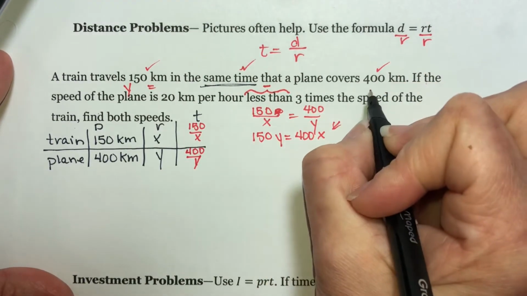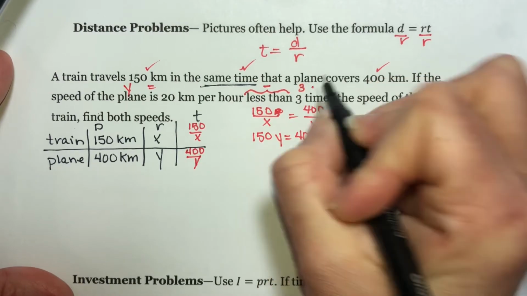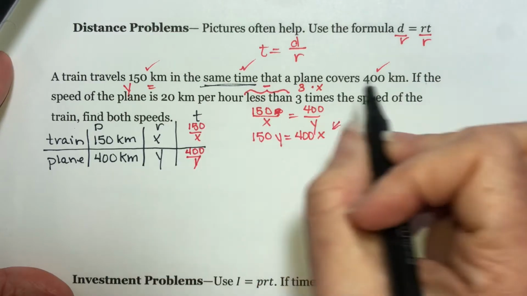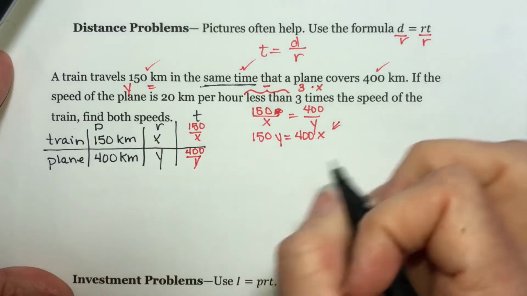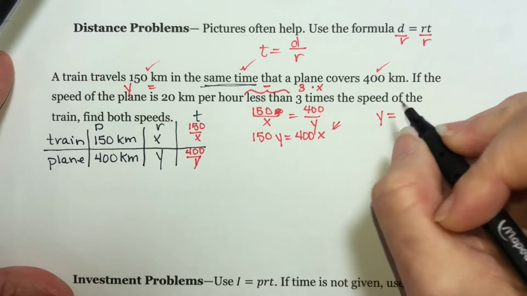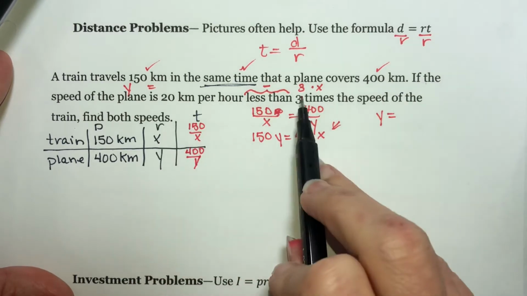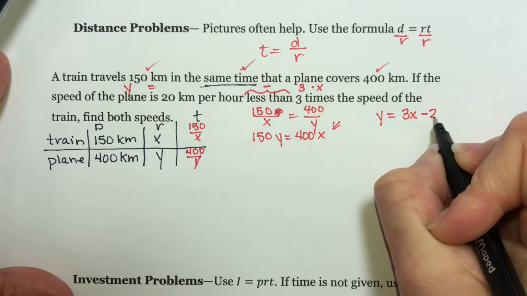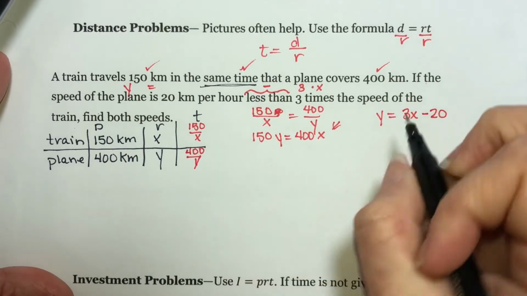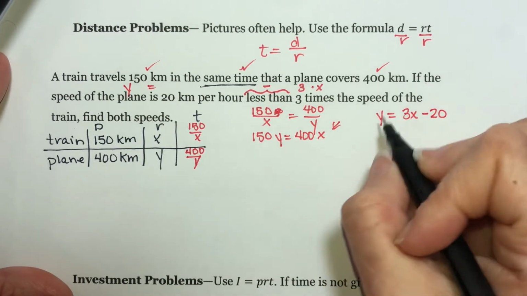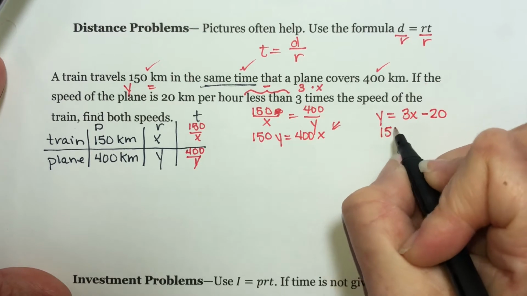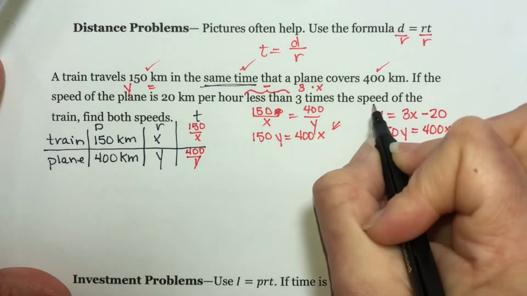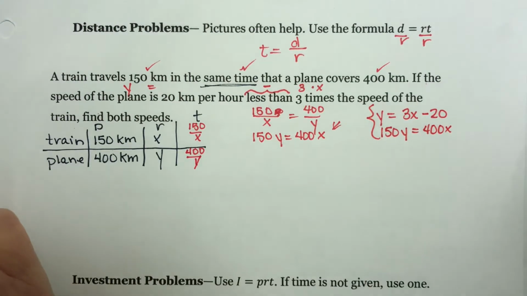Well, 3 times the speed of the train would be 3 times X. So Y is 20 less than 3X. So 3X minus 20. So the system I need to solve is Y equals 3X minus 20, and 150Y is equal to 400X. That's the system we need.